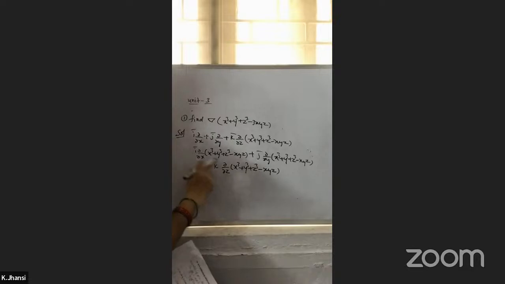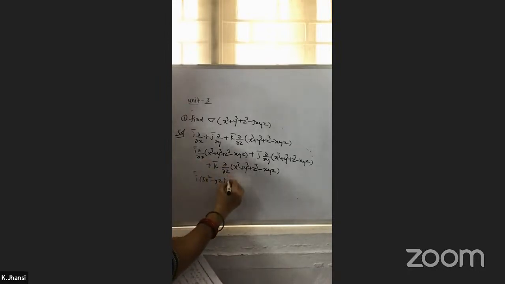Now you have to do the partial differentiation with respect to x, y, and z. So i into, with respect to x, x cube differentiation is 3x square. Here y cube and z cube become 0 with respect to x, and x differentiation is 1, so minus yz.